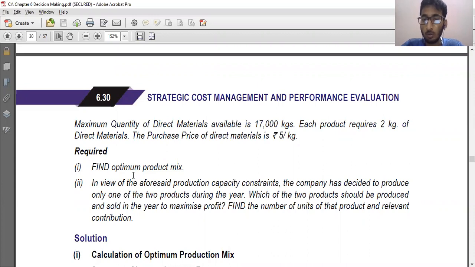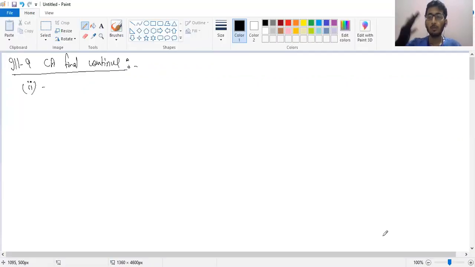Which of the two products should be produced and sold in the year to maximize the profit? Okay, so it is an easier one. The company is saying that instead of making both products, we will make only one product.